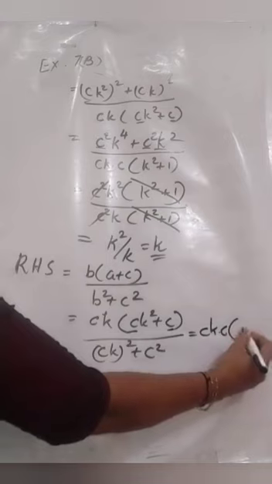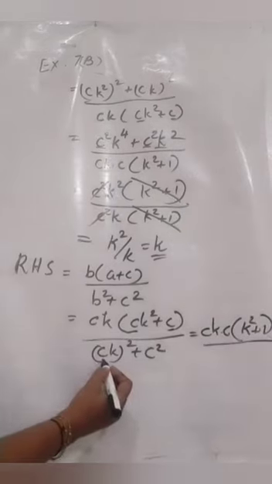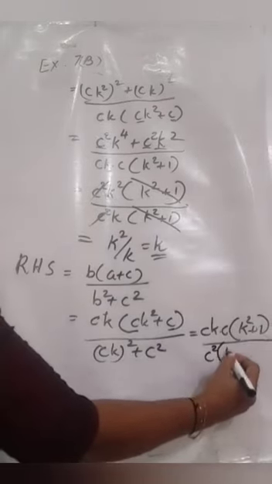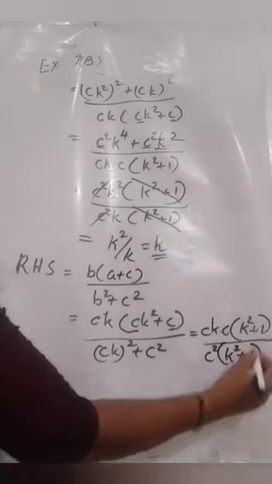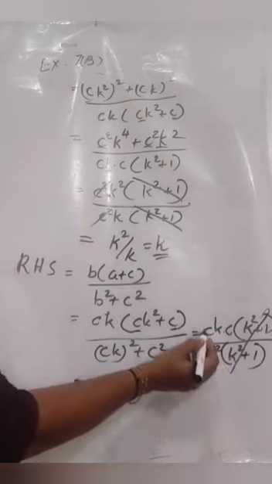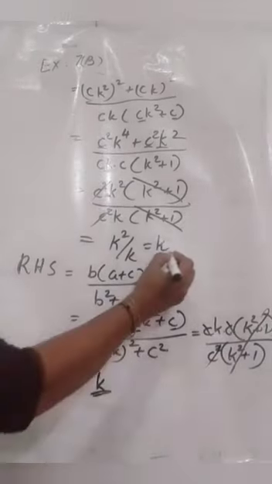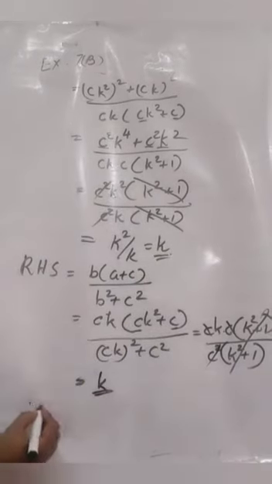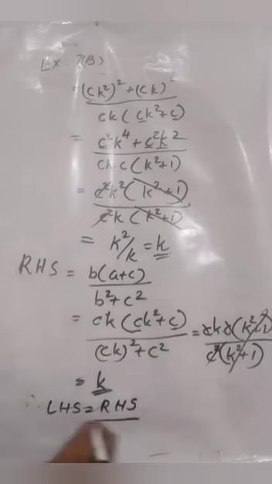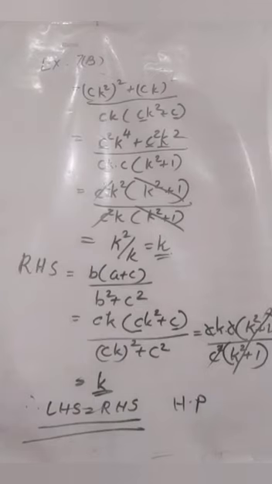CK into C into K square plus 1, whole divided by, here is common C square, C square into K square plus 1. Here you can see K square plus 1 as a group we can cancel. And C into C, C square. Denominator also C square. So K is the value. You can see LHS and RHS is K. Therefore, LHS equal RHS. Hence we proved they are equal. Okay.